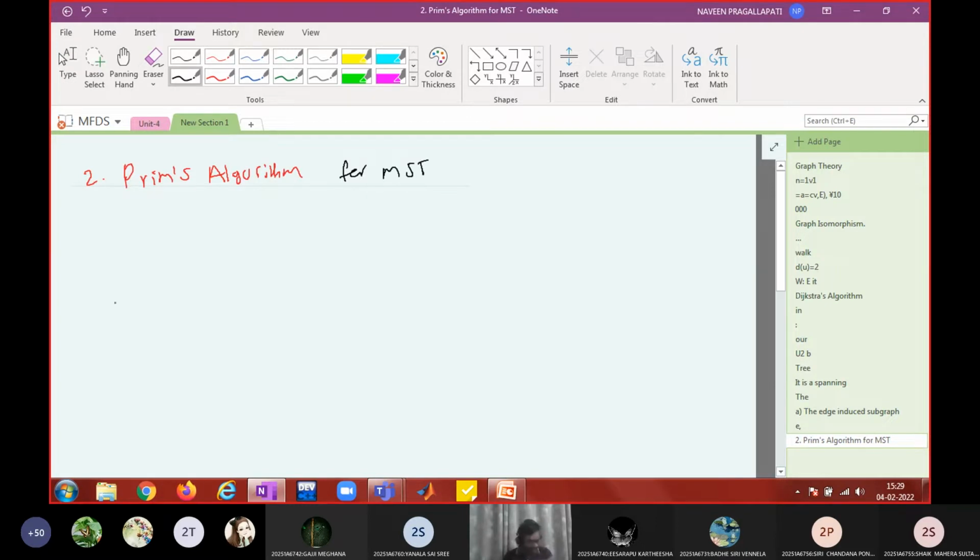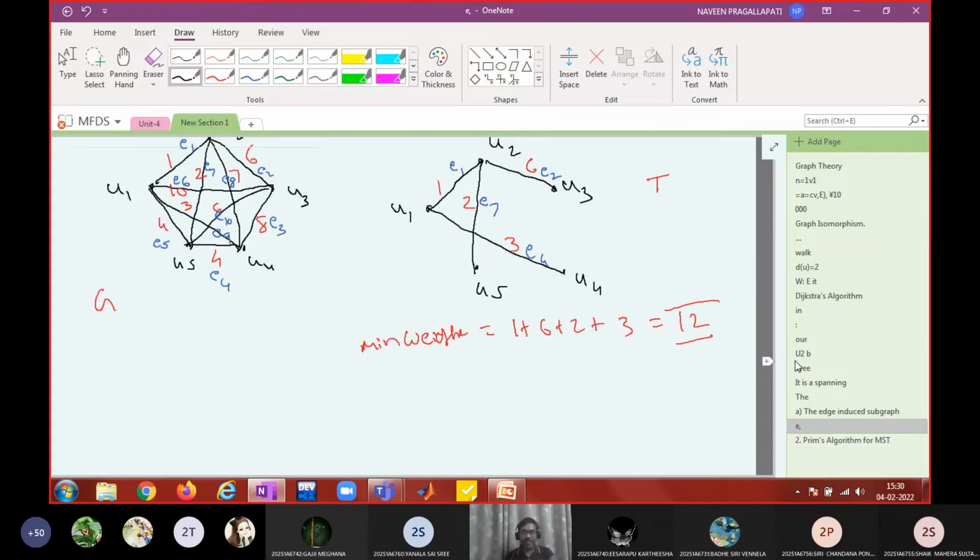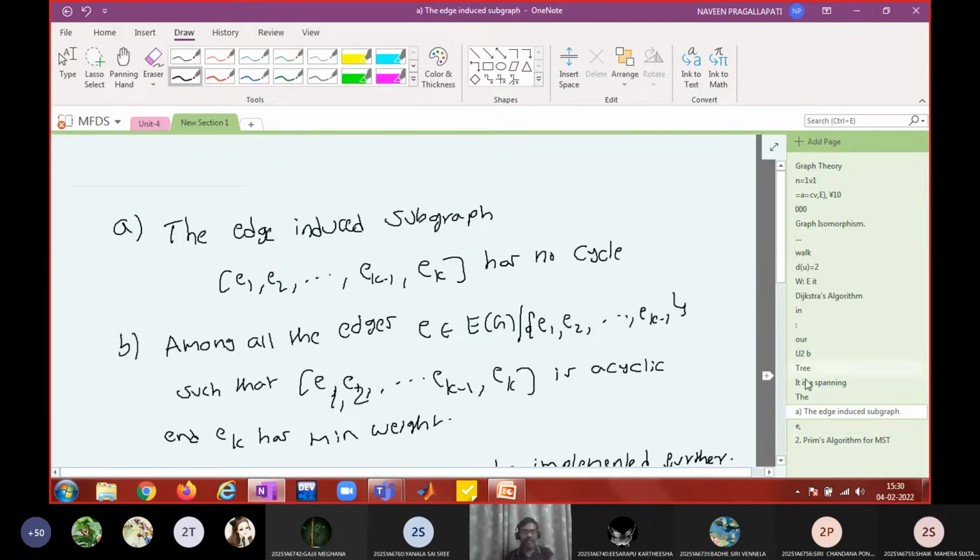Okay. So again, input and outputs are same. Here also, as discussed in the previous one. So what is input? Weighted graph.